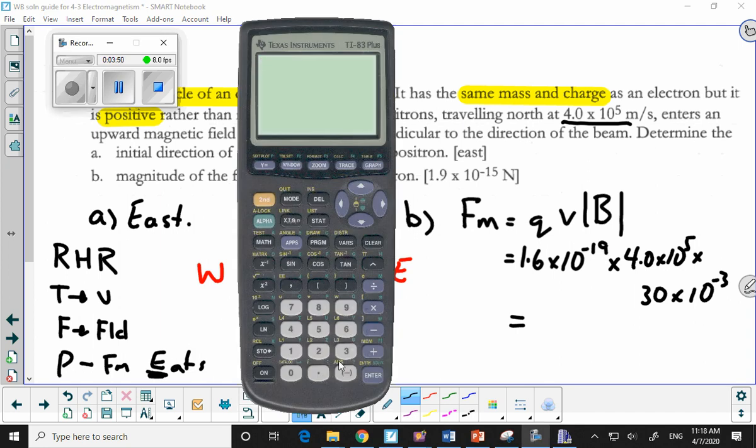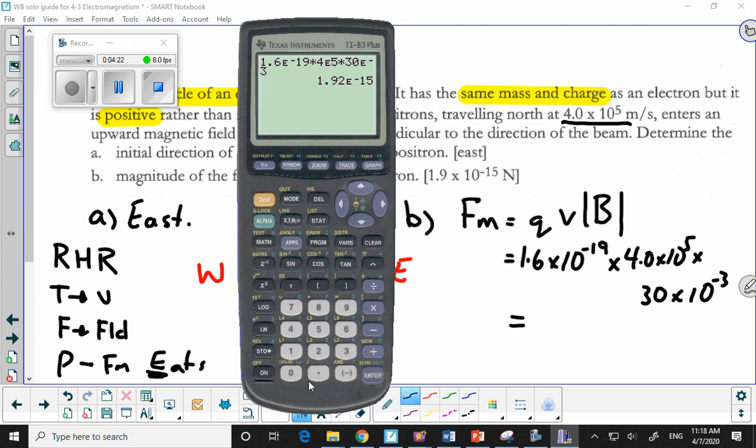So I'm going to pull up my calculator here. I'll walk through the keystrokes once. 1.6 second exponent minus 19, times the speed of 4 second exponent 5, times the magnetic field, which was 30 milliteslas, which is 30 times 10 to the minus 3 Tesla, to give us an answer of 1.92 times 10 to the negative 15 newtons.